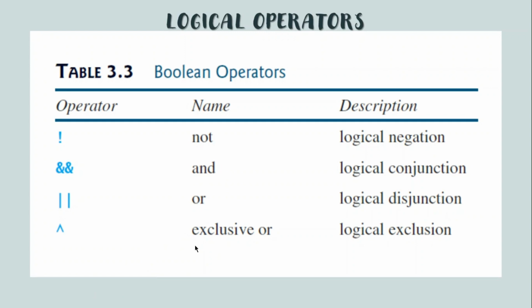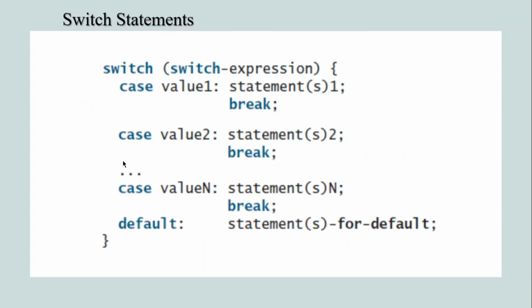For example, for the and operator, if I have a boolean expression, then this operator, and then another boolean expression. If this boolean expression is true and this boolean expression is true, meaning both of them are true, then the result will be true. But if one of them is false, then the total boolean expression will be false. This is from the logical tables.